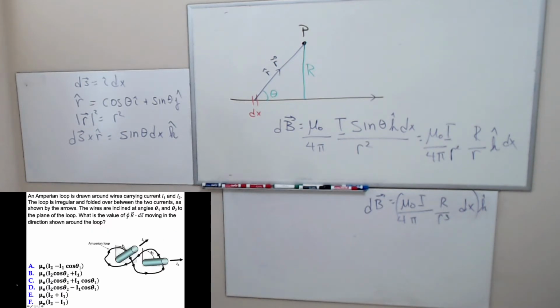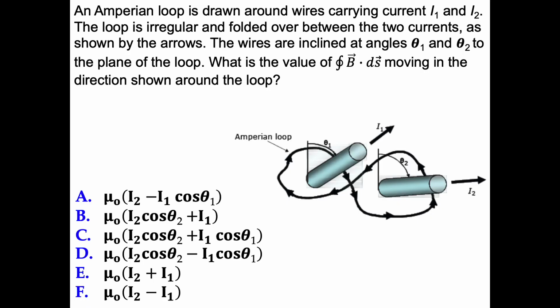Next question is an Ampere's law question. So you have an Amperian loop. It's a complicated Amperian loop drawn around two wires carrying I1 and I2.